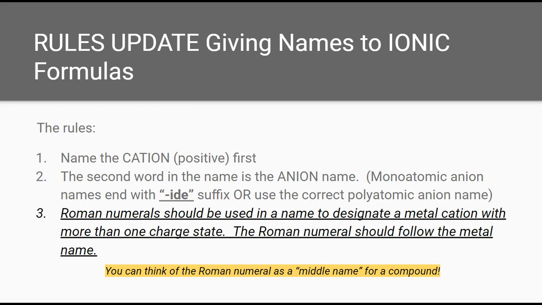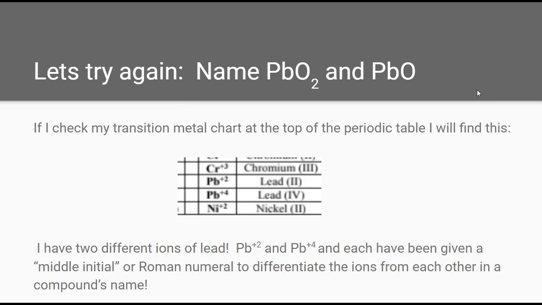Roman numerals should be used in a name to designate a metal cation with more than one charge state. The Roman numeral should follow the metal in the name. You can almost think of the Roman numeral as being kind of a middle name for the compound.